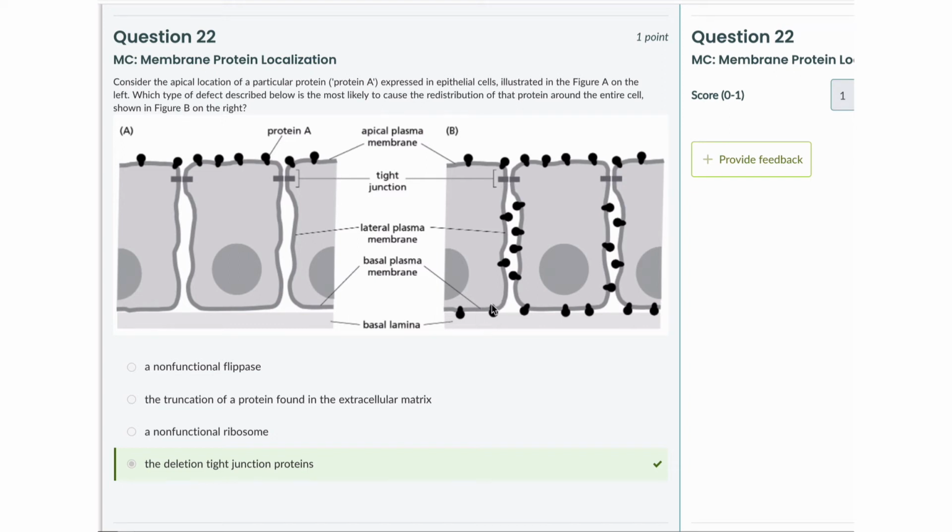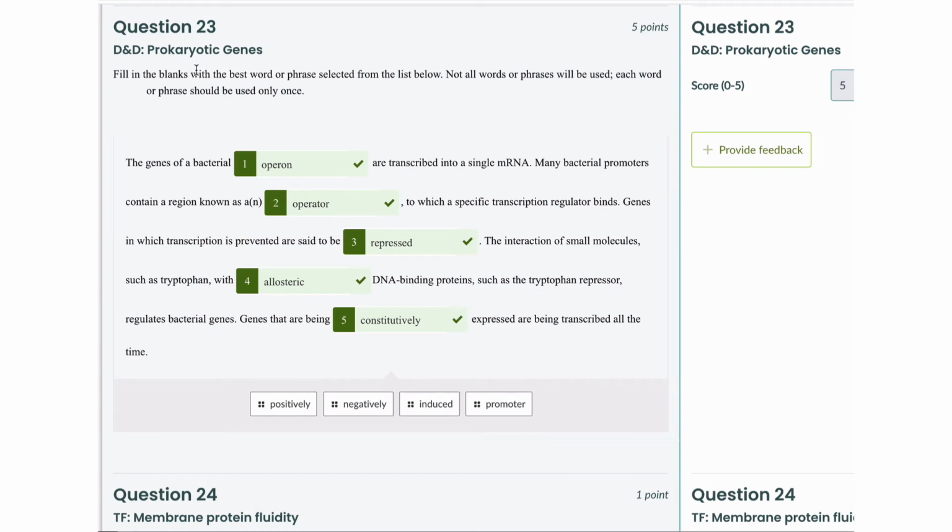Question 23. Drag and drop concerning prokaryotic genes. The genes of a bacterial operon are transcribed into a single RNA. It's polycistronic. Many bacterial promoters contain a region known as an operator, so that's within the promoter, to which a specific transcription regulator binds, or it might be just upstream of the promoter.